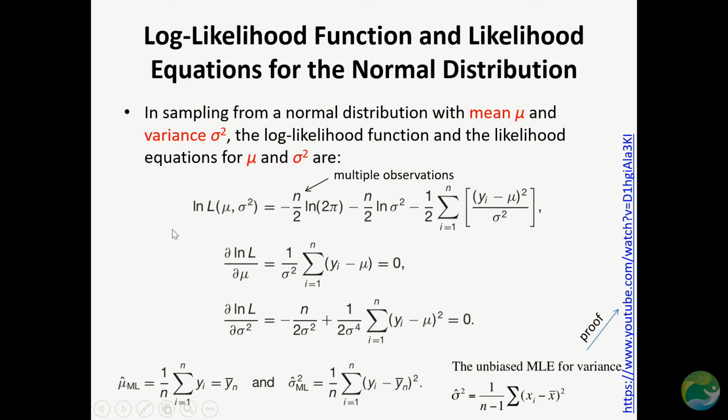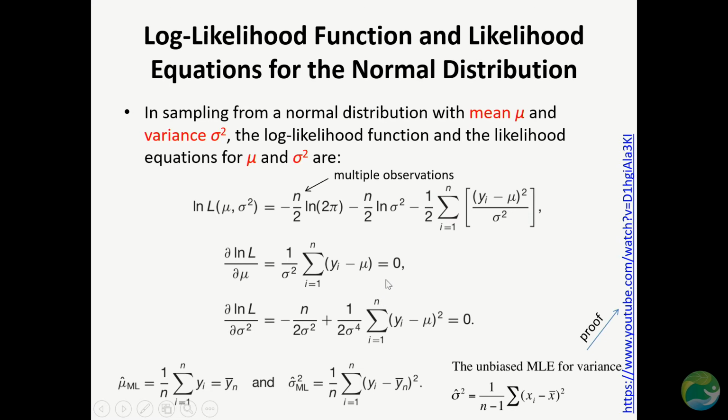It's the total likelihood. Once we know the log likelihood for a normal distribution, we can do the differentiation with respect to mu, with respect to sigma.